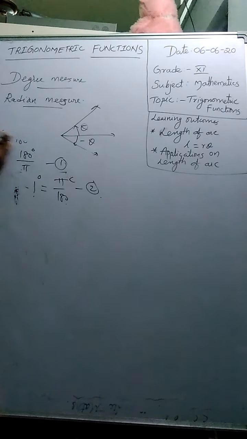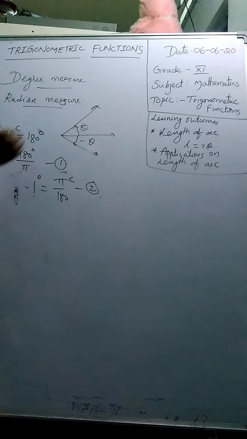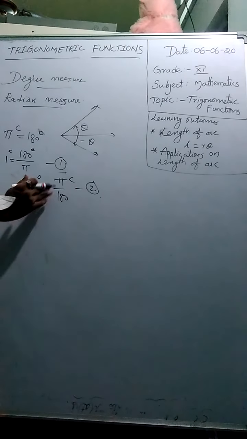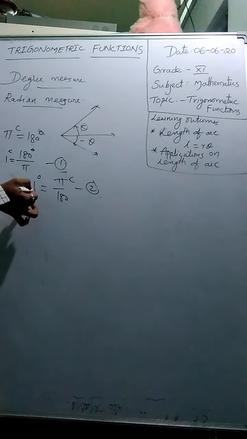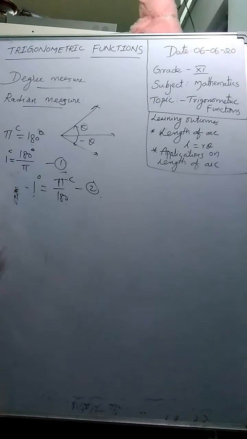So here we have pi radians equals 180 degrees. When it transposes to that side, 1 radian becomes 180 by pi degrees. So 180 degrees equals pi radians, and 1 degree is equal to pi radians by 180.